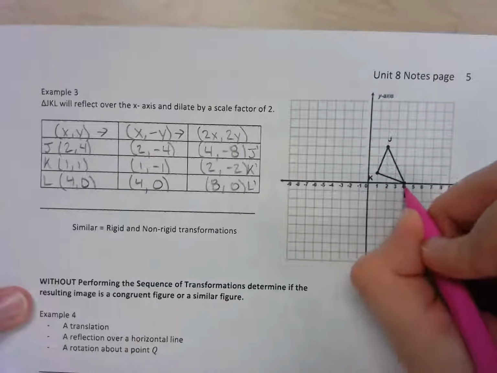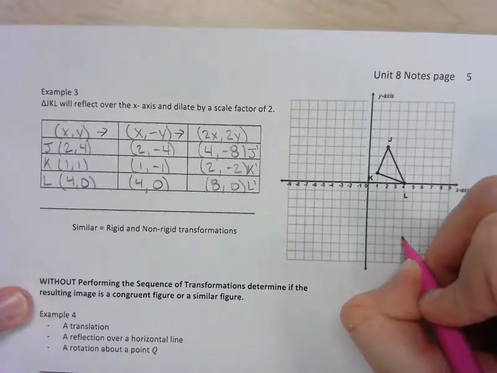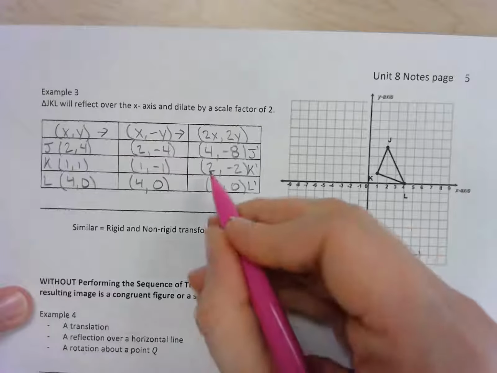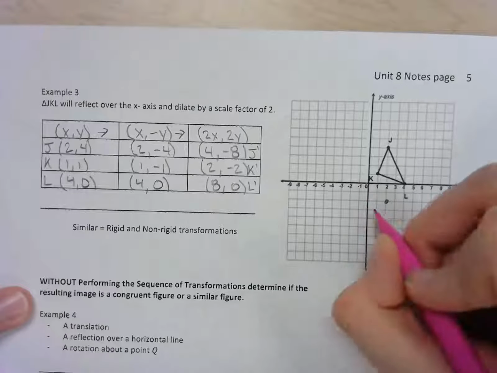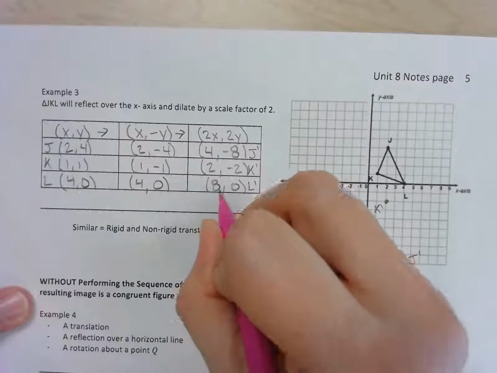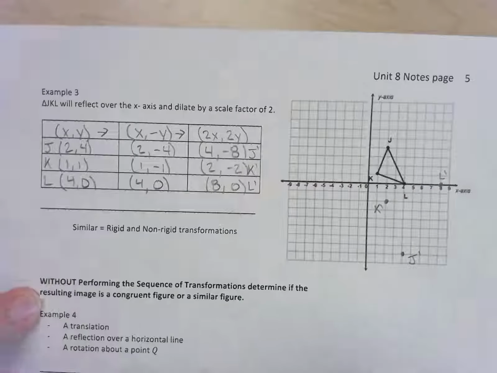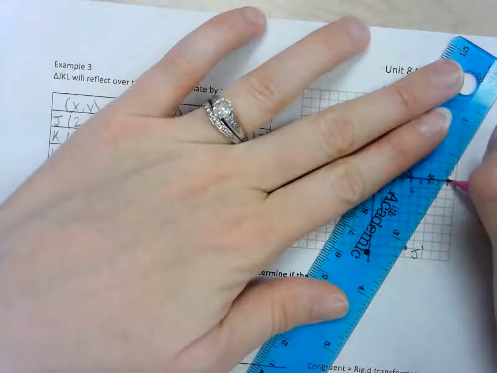So we have 4, -8 as J prime. We have 2, -2 as K prime, and 8, 0 as L prime. Connect those points to form your triangle.